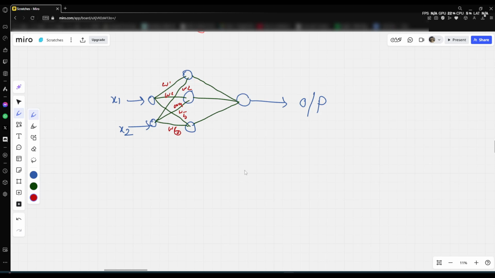So for the forward propagation, we use the transpose of these weights, and then we multiply it with x, because we have 2 x's here, right? And here we have 3 weights, right?